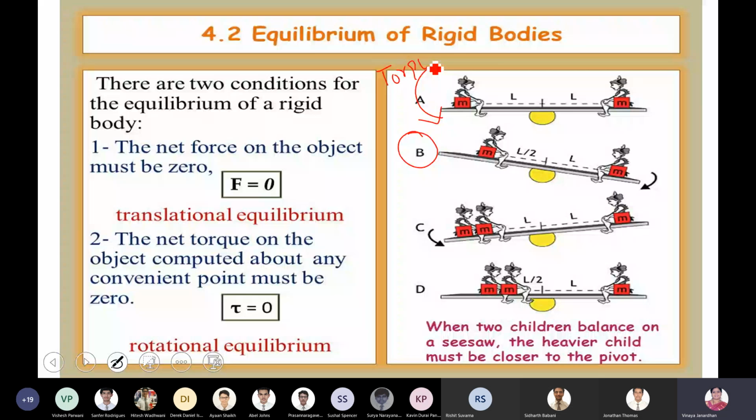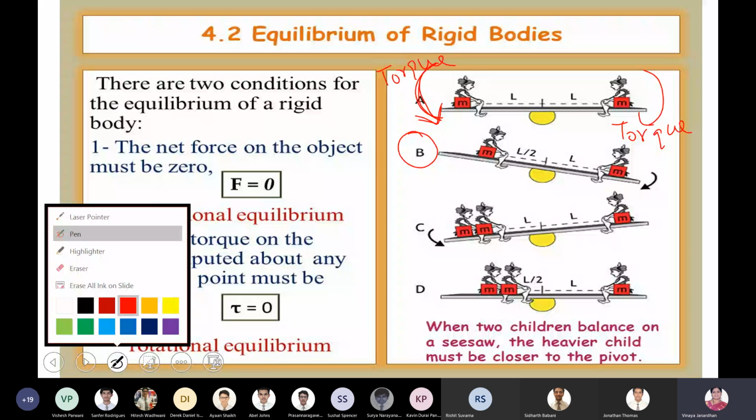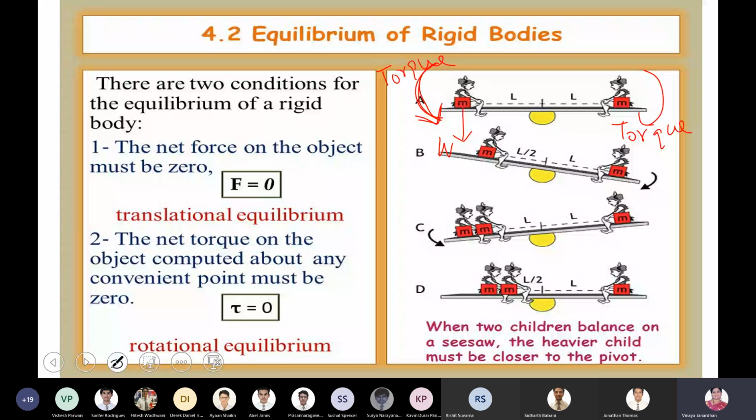Now what is torque? This is the weight of the person and this is the perpendicular distance L. So here the torque tau is equal to W into L. In the same way, here the weight of the person is W and the perpendicular distance is L, so the torque is W into L. Both the torques are equal but act in opposite directions.